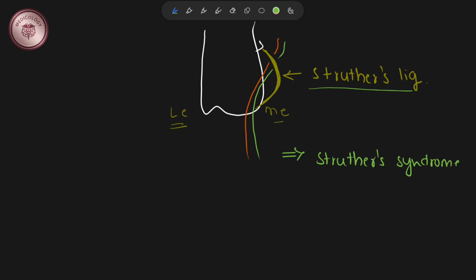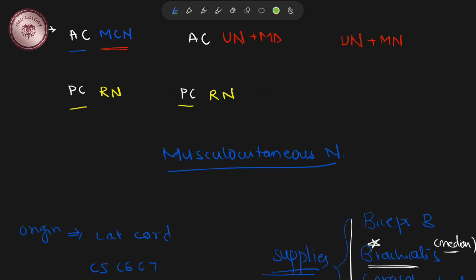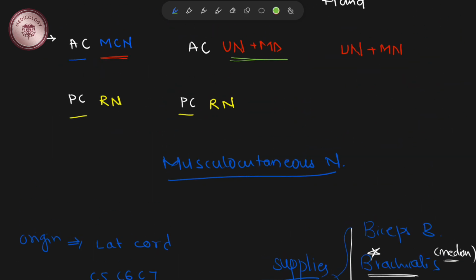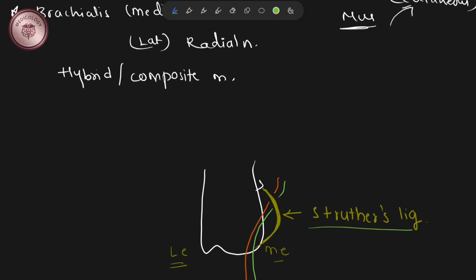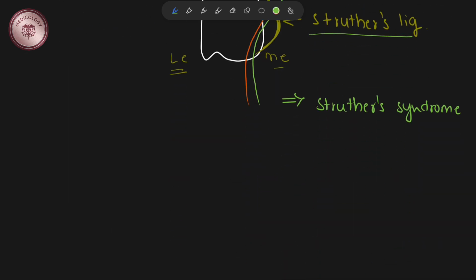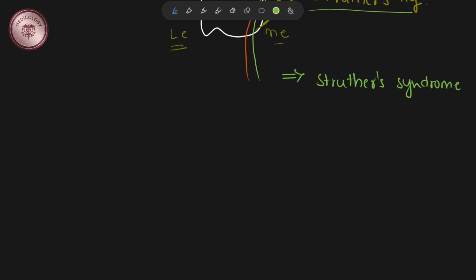What happens in Struthers syndrome? They will have pain and tingling in the hands, because the median nerve supplies the arm and hand muscles. So we can see pain and tingling sensation in the hand. Okay, now next.